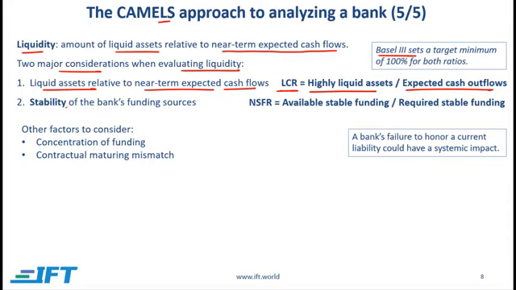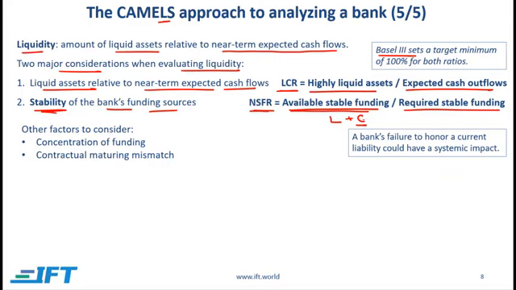The other important aspect is the stability of a bank's funding sources. Here, the relevant ratio is the net stable funding ratio, which is available stable funding divided by required stable funding. The required stable funding is based on the composition and maturity of assets, whereas available stable funding is based on the composition and maturity of liabilities and capital.